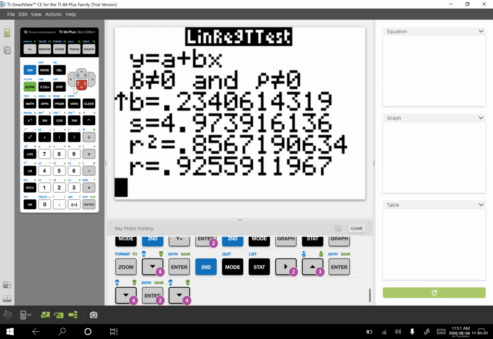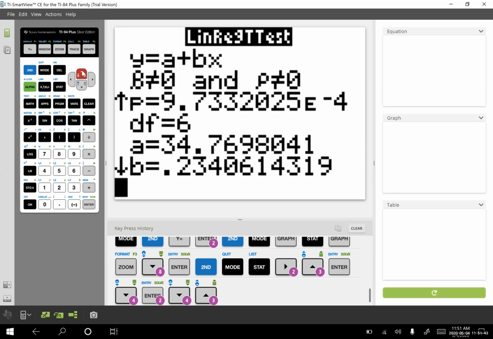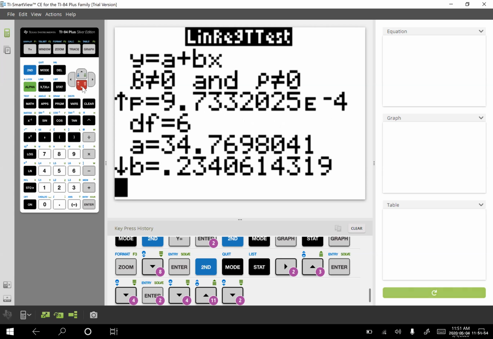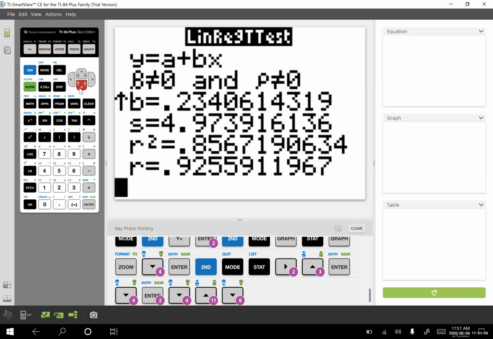So you have to scroll down a little bit to get your R. So you see the very bottom value, R equals 0.925. I'm going to call it 0.926. Okay. And there's also an R squared. By the way, do you notice there's also a T value and a P value? So that means we're also going to be doing hypothesis tests with very similar features. So lots of information on the screen, but what we're concerned about is this R value of 0.926.